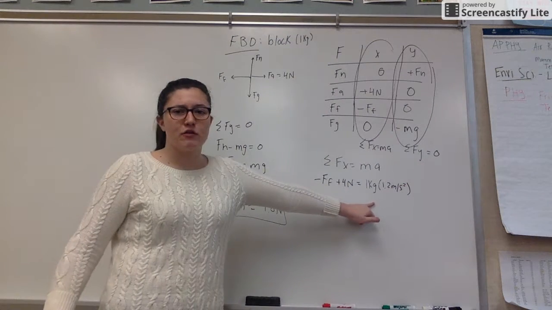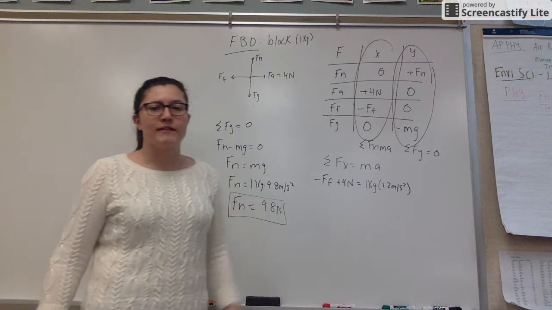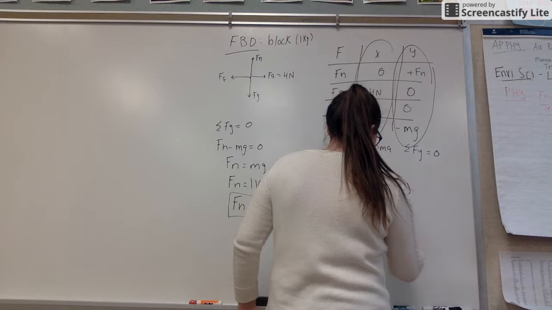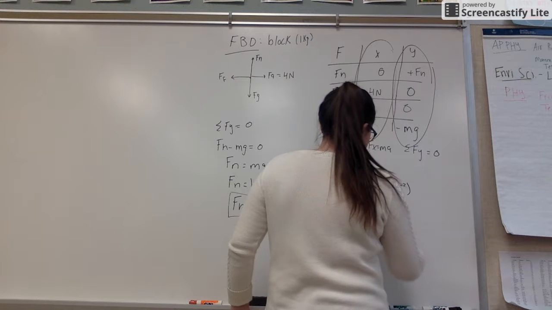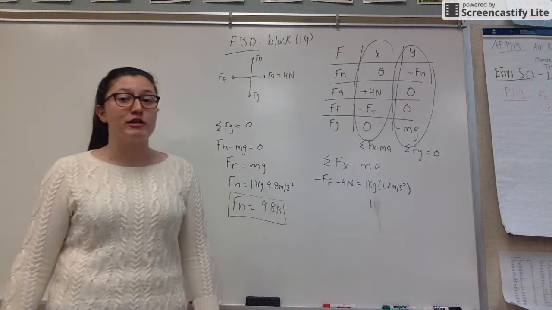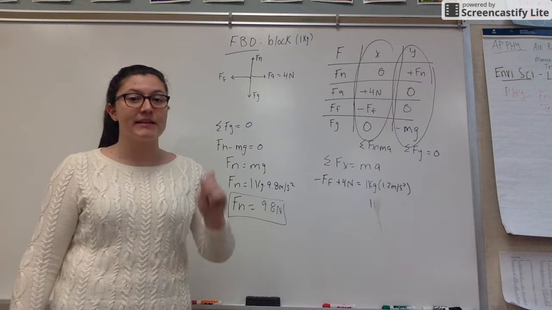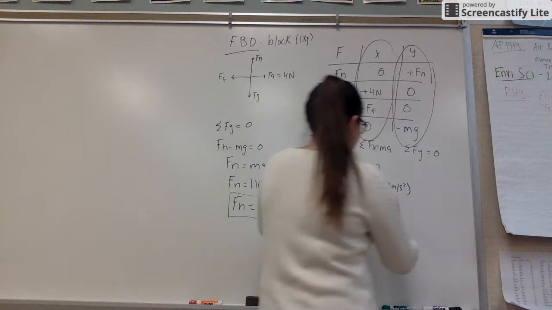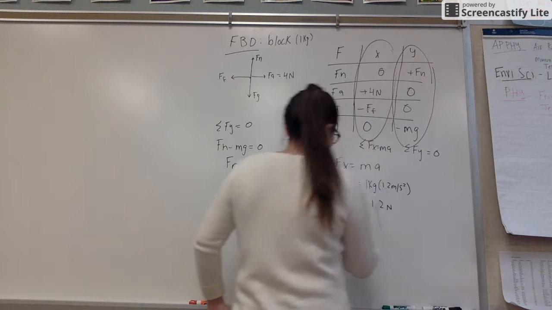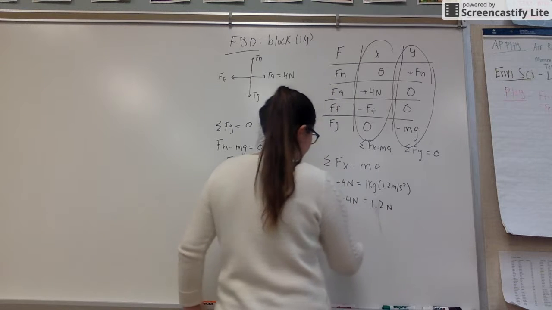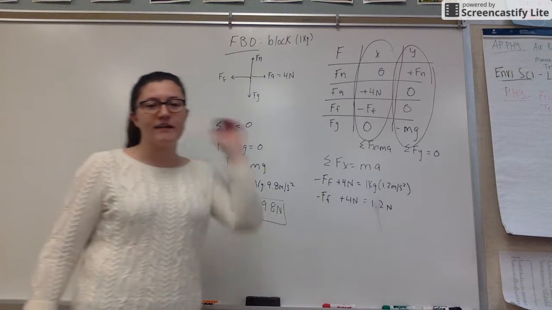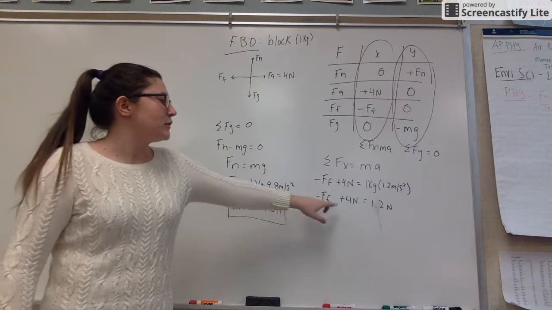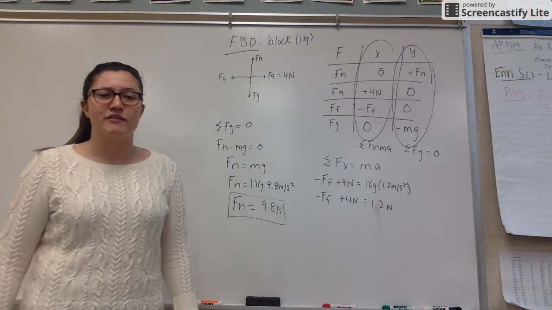So over here, I'm just going to simplify to 1.2 kilogram meters per second squared. We know that a kilogram meter per second squared is equal to a Newton. So let's make it Newtons. We'll leave the left side of our equation exactly the same. Now we're going to subtract 4 over to the other side.